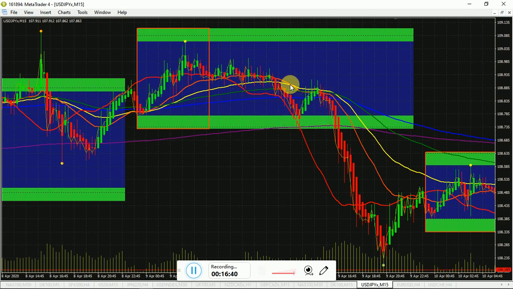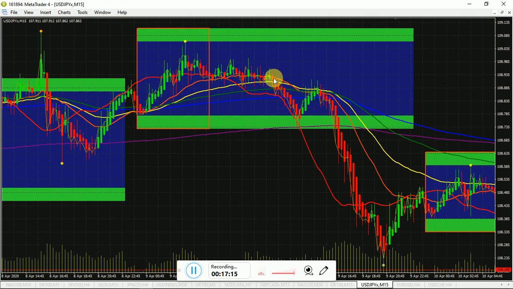The candle itself started right inside, in between your 13 and 20 moving averages. It didn't start from outside and then drop inside.